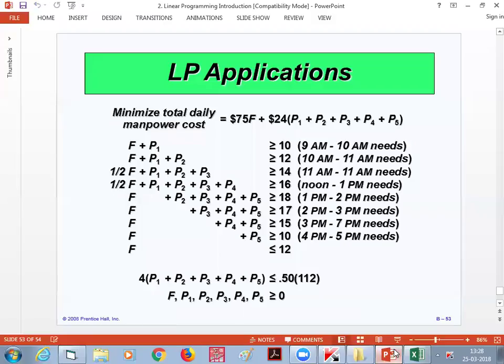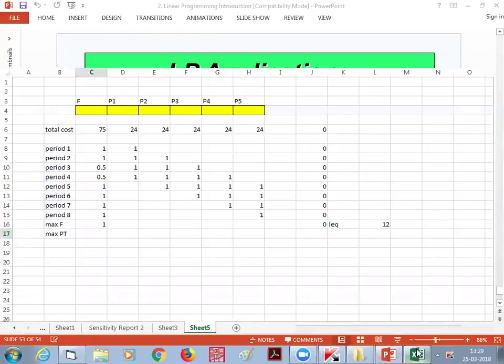So 4 into this is less than or equal to that. Shall I divide by 4 on both sides? So I'll take 0.5 into 112 divided by 4. 112 divided by 2 is 56. 56 divided by 4 is 14. So maximum part-time hours is 14.